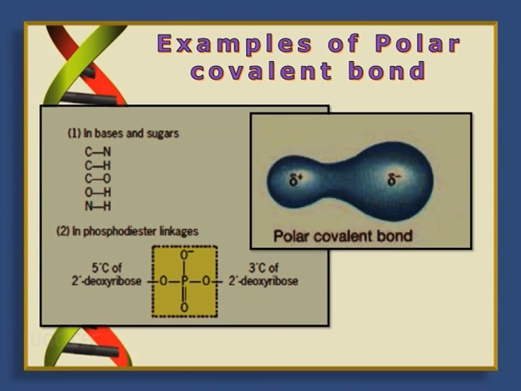We can find examples of polar covalent bonds in nucleic acids between oxygen and hydrogen, between nitrogen and hydrogen, and between carbon and oxygen, existing in the nucleobases, in sugars, in phosphate groups, in phosphodiester bonds, etc.